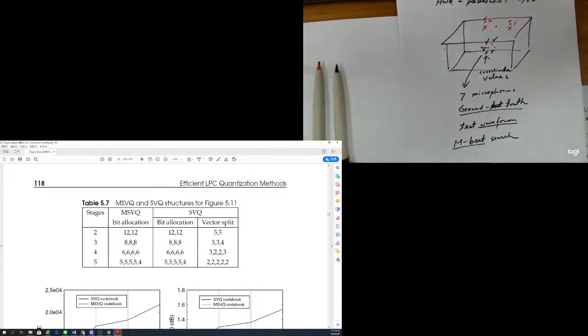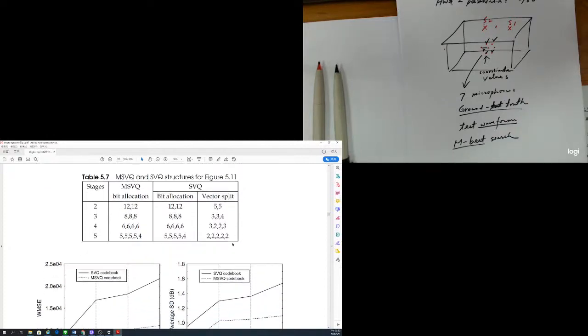You can see they are equal partitions. In split vector quantization, they partition the vector into subvectors. Each subvector's codebook uses 12 bits, or you partition into 3 subvectors. Because we are using line spectrum frequency with 10 coefficients, they will be partitioned 5, 5, or 3, 3, 4 like this.